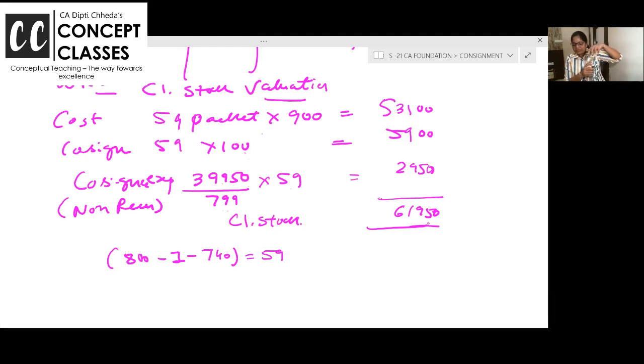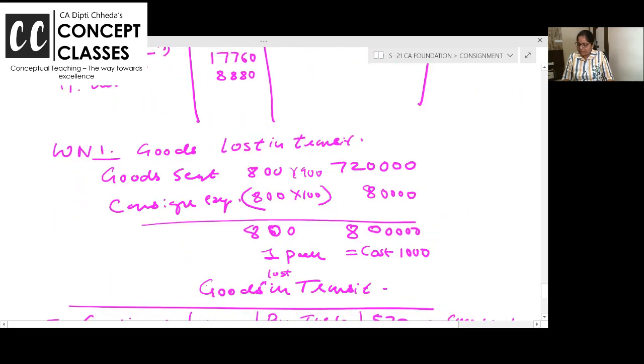Check karo please. 59 units are left. ठीक है. 59 पैकेट्स एट 900, कंसाइनर्स एक्सपेंस 100 एंड कंसाइनी को डिवाइड करेंगे प्रोपोर्शनल. So closing stock is 61,950.